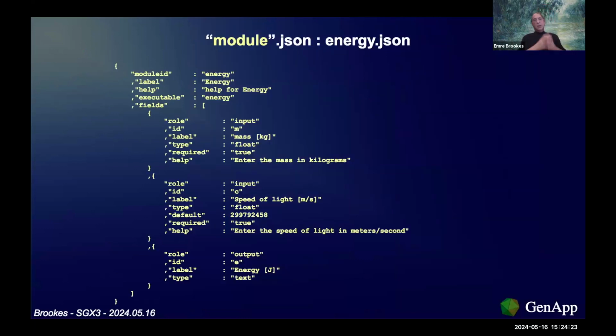Okay, so here's a really trivial module. This is the JSON structure of a module. It describes a few things, gives the name of an executable, and lists out the fields that are contained in it. This is an ordered list, right? It's like a vector, and so these elements have a natural ordering to them. They have roles of input and output. And one of the key things they have is IDs and types.